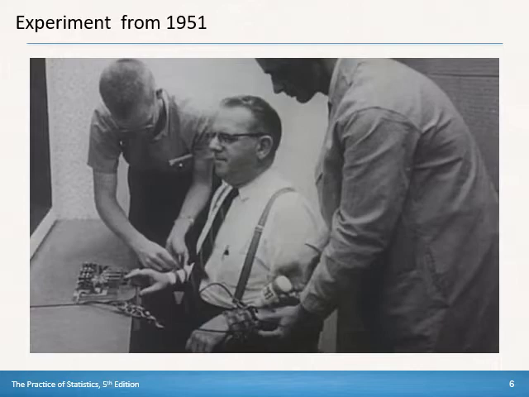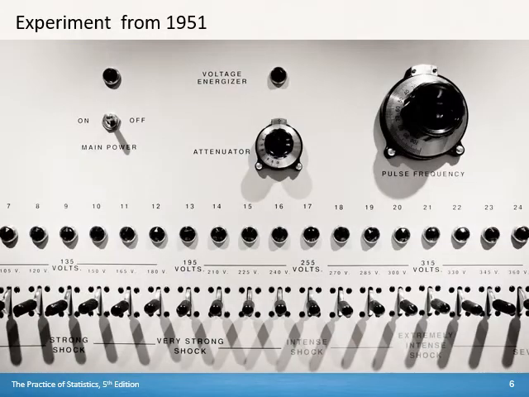The other person is sitting in front of this pretty scary looking device, and you can see there are little switches as you go across. Each time the learner answers incorrectly, they throw another switch, which shocks the person, in increasing voltage as you go across.